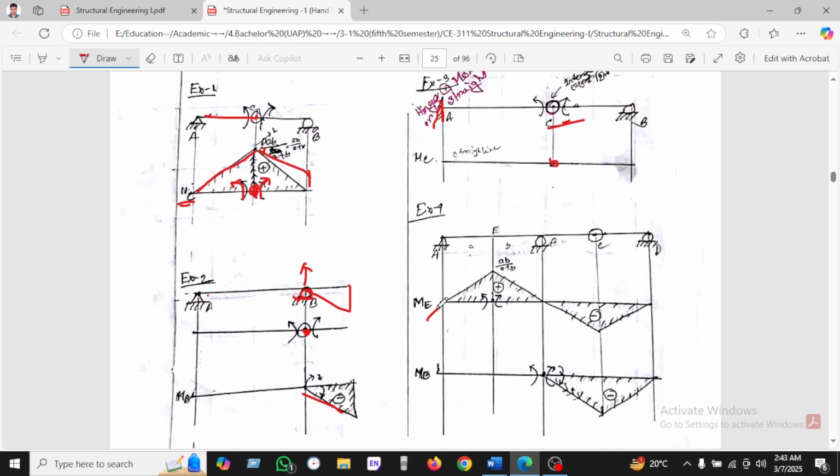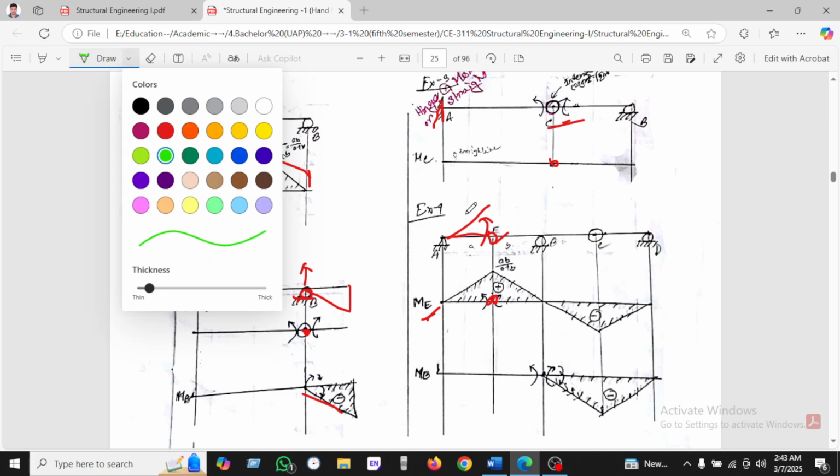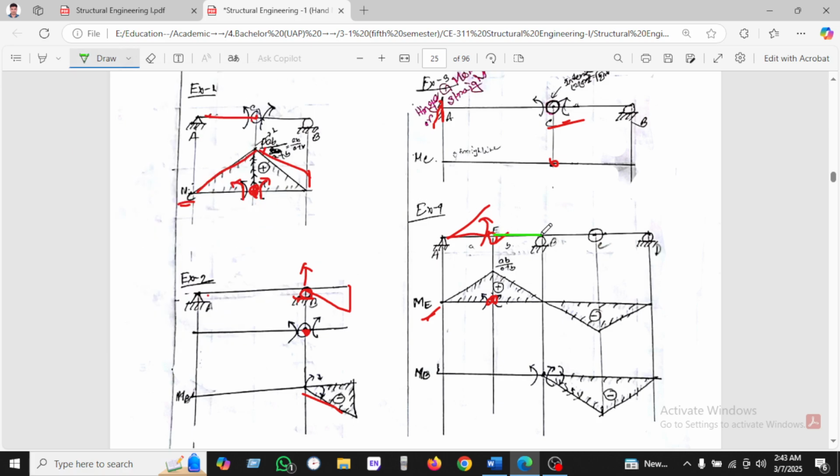Okay, we can see moment ME. So this is the E. So we are using an internal hinge here. If we use an internal hinge, this portion will go upward, as we are using this moment. And another portion, as we are using an internal hinge, the segment is divided.